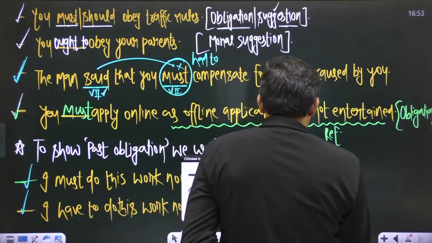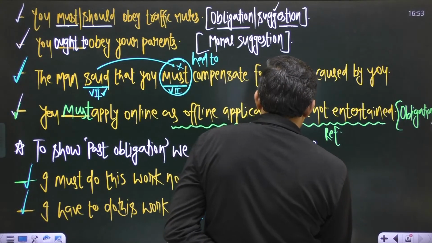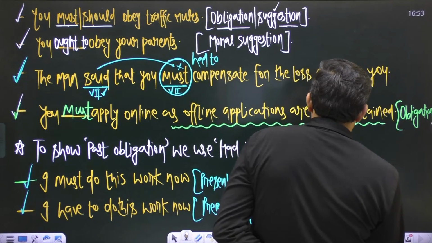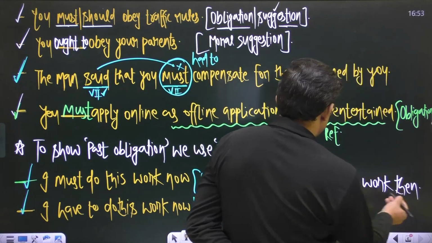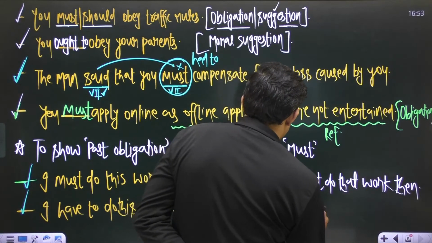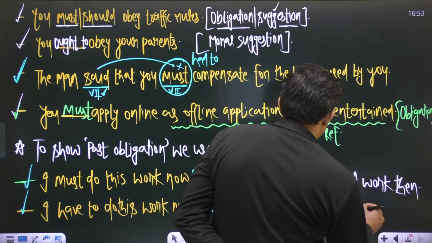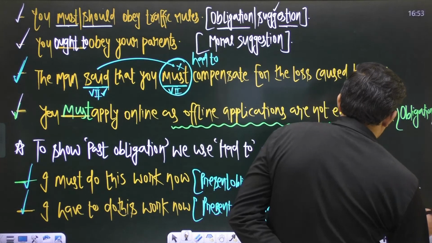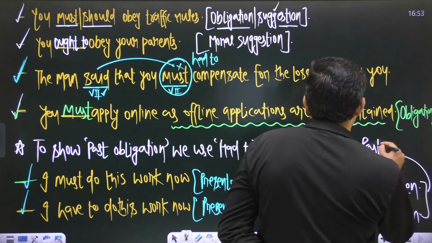But whenever you talk about past obligation, for example, I must do that work then. The past of now is then. And I had to do that work then. Both the sentences are based on past obligation, right?